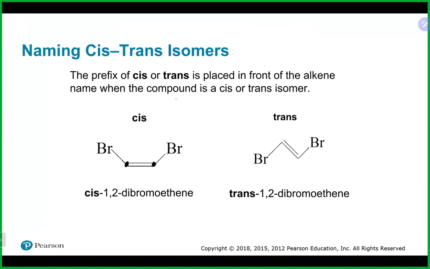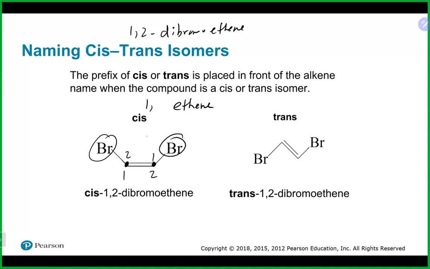And it is a double bond, so it would be ethene. Here we do have a bromine at carbon 1 and a bromine at carbon 2. It doesn't really matter the numbering because you could go either way. And this would be 1,2-dibromoethene. And really the only difference here is we just add cis in front of it.